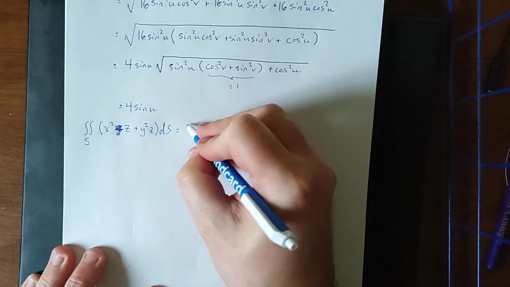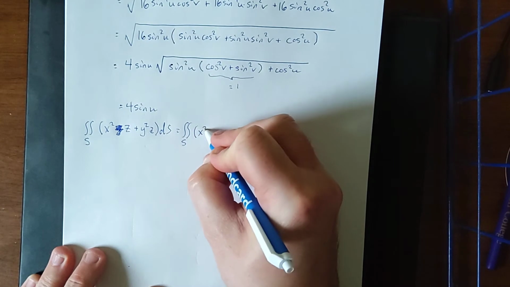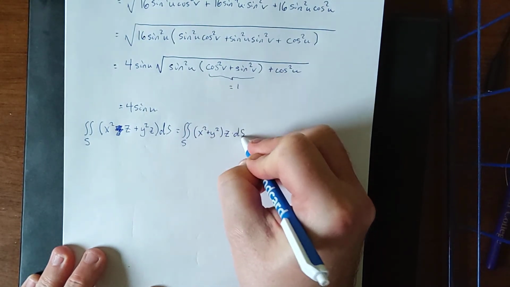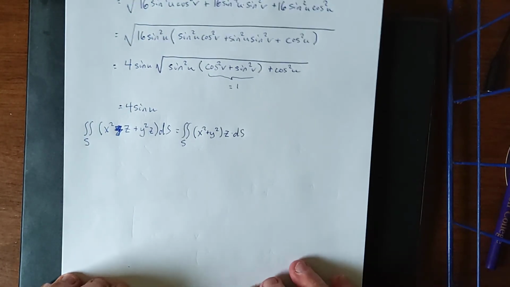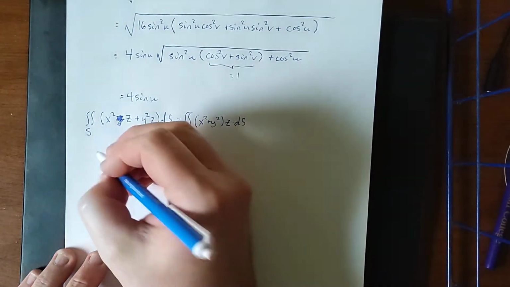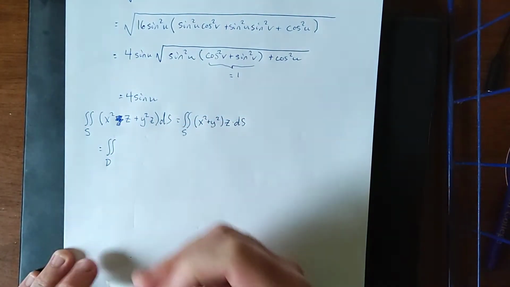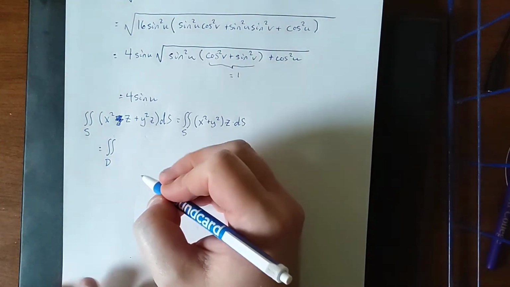What I wanted to do is go ahead and factor out a common factor of z and call this x squared plus y squared times z times dS. In this form, we are ready to throw in the parameterization that we have for everything. So with that in mind, this will become the double integral over the domain D, which was the bounds that we came up with earlier on u and v.